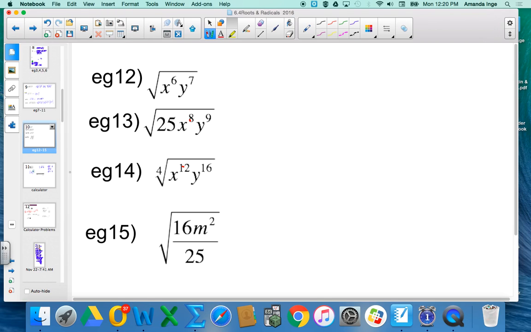I don't think any of these are on your worksheet. They're ones that I just made up. When the index is even, you have to worry about the little rule, even, odd.